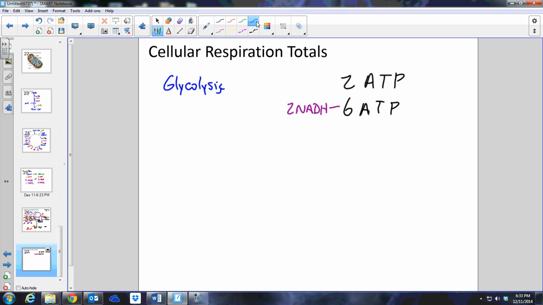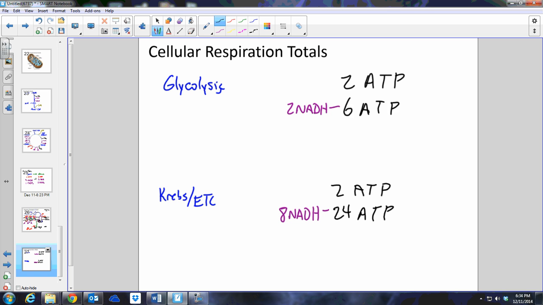Well, what about when we add Krebs and ETC? Now here's where we're going to get a lot of energy. Well, 2 ATPs were created in the Krebs cycle, just straight ATPs. We also made 8 NADHs, remember? 4 for each pyruvate and 2 pyruvates for each glucose, so 8 for each glucose, which is going to give us a total of 24 ATP.